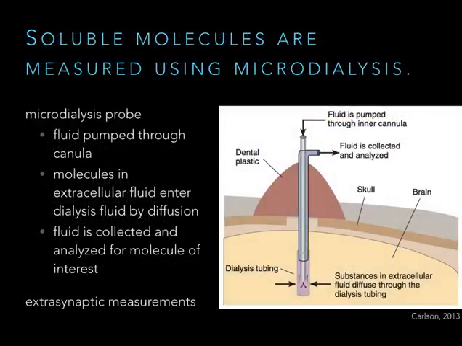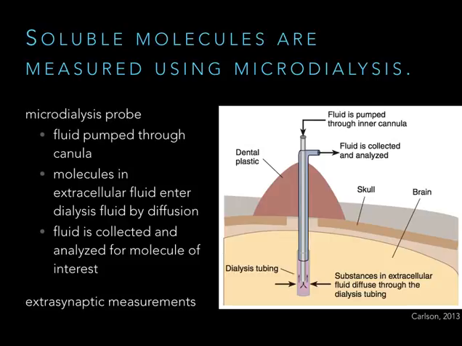Now, you can also estimate the concentration of some chemical of interest using microdialysis. So, this involves stereotaxic surgery, just like we've already discussed, but instead of putting in an electrode or something like that, you put in a cannula, this little essentially open tubing that's also going to contain some dialysis tubing, which is going to allow very small molecules to diffuse across it.